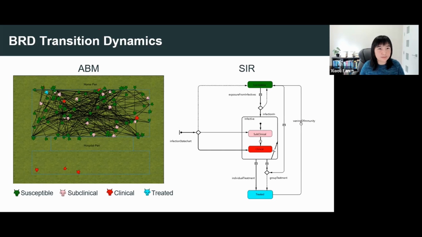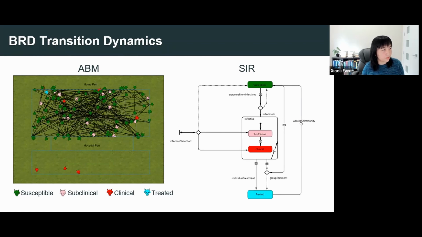Some cattle, even if they are contacted by diseased cattle, might not be sick. So yes, that's one. And really it's because of this complex disease model.